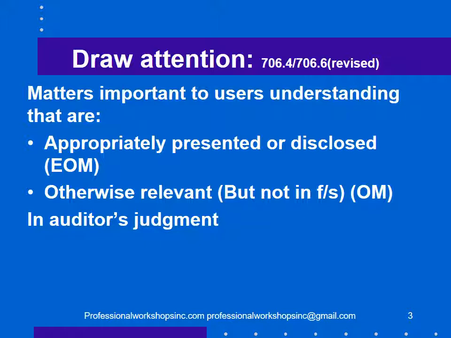So the only difference between an emphasis of matter and an other matter paragraph is that in the first, emphasis of matter, it's already appropriately mentioned in the financial statements, but an other matter is something that's relevant but not needed to be in the financial statements.